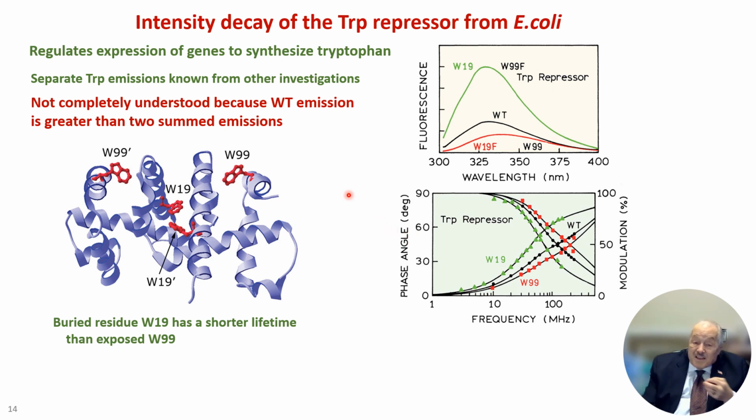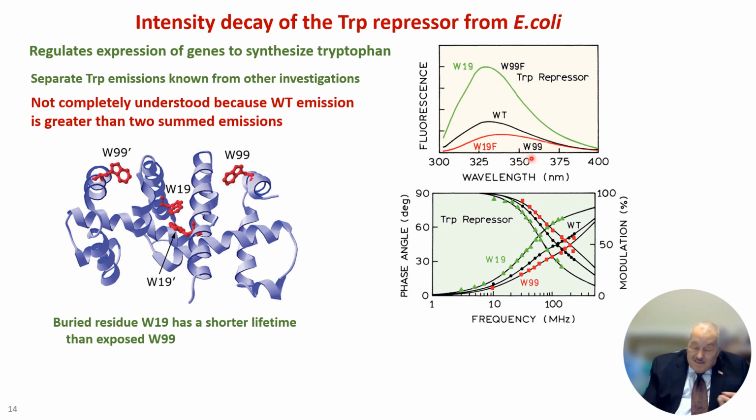One of the reasons I chose this example is that even when we knew all of the stuff about the TRP repressor, as to where the tryptophans are and how to separate their emission spectra, it's really still not understood why the total emission spectrum is greater than the sum of the two individual emission spectra.